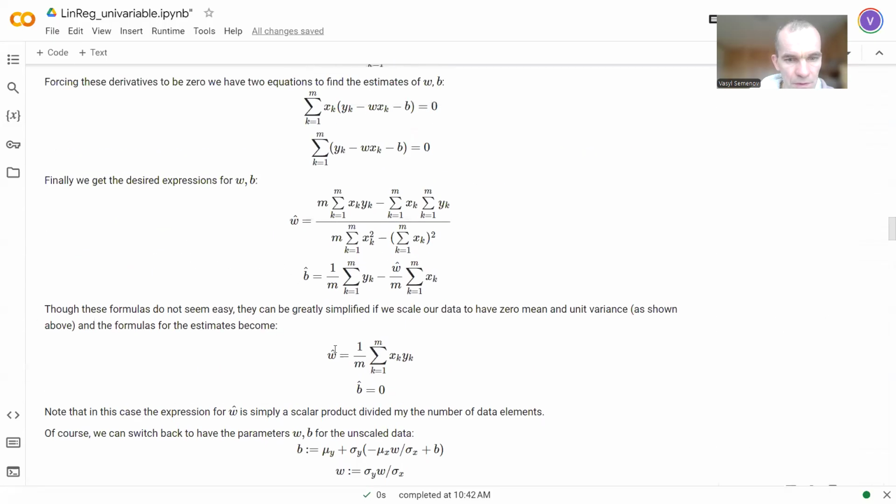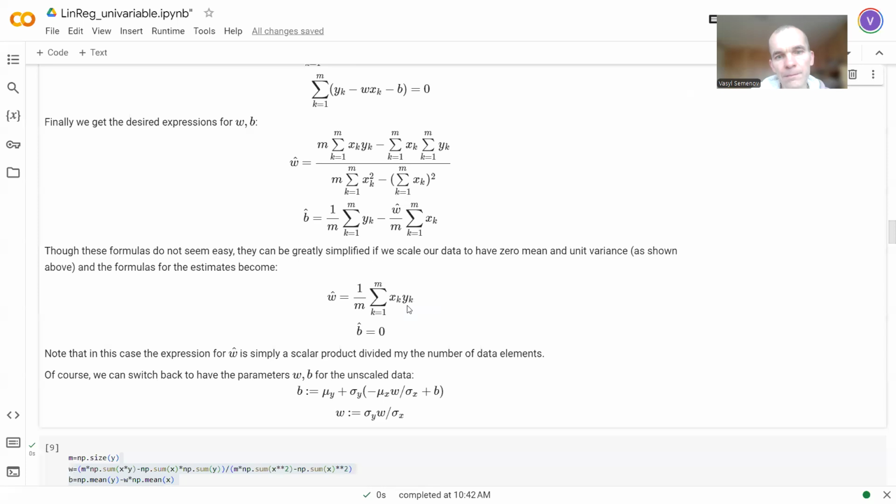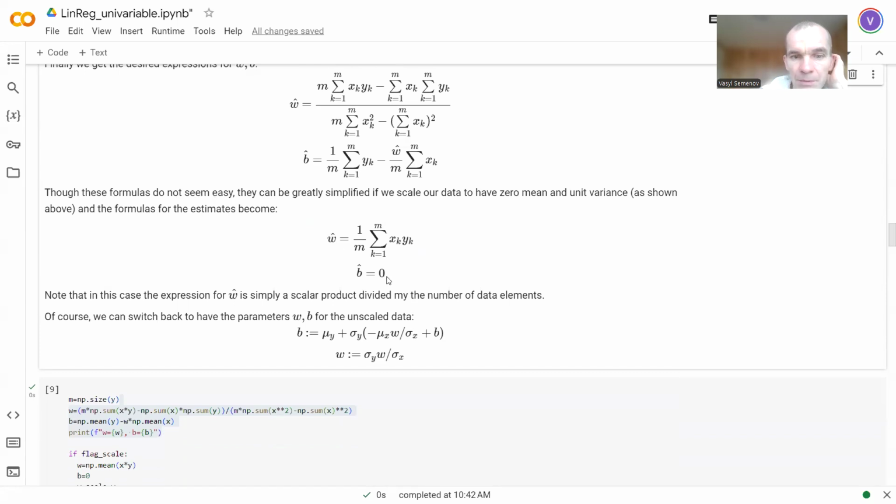Let me see. It's like is shown here. The formulas become just like this: W is the mean dot product of x and y, and b will be 0, which is quite natural because the data were centered. So we can calculate this W and b, but since we performed scaling, there should be an inverse transformation to come to the W and b for the original non-scaled data.